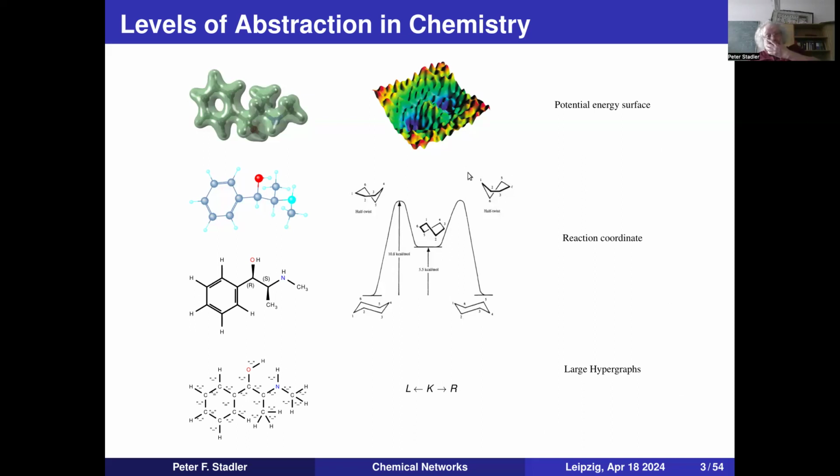And this then gives rise to various different notions with their own rules, from potential energy surfaces to concepts like reaction coordinates to systems level descriptions such as very large directed hypergraphs that describe chemical reaction networks.